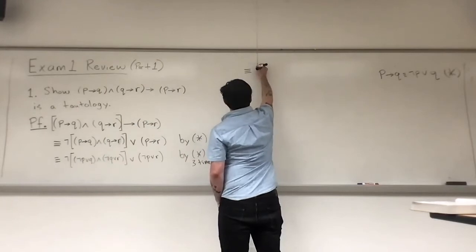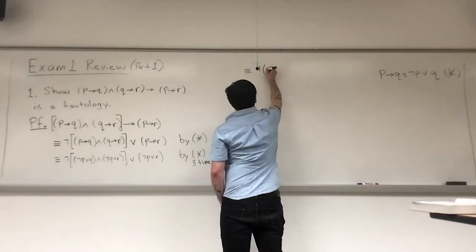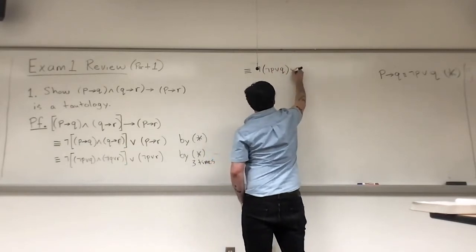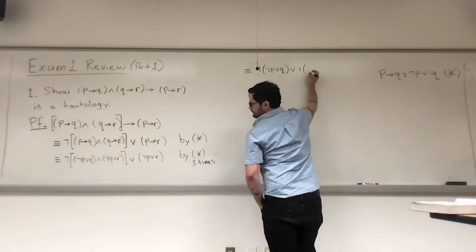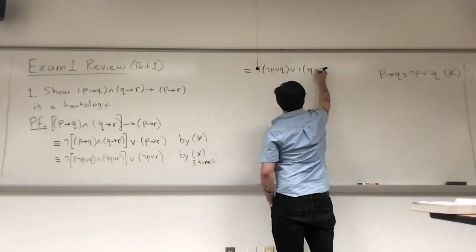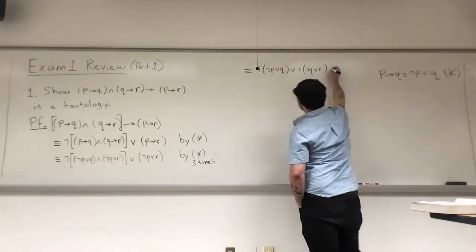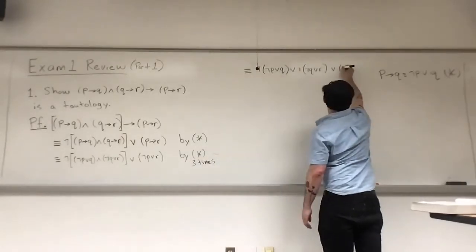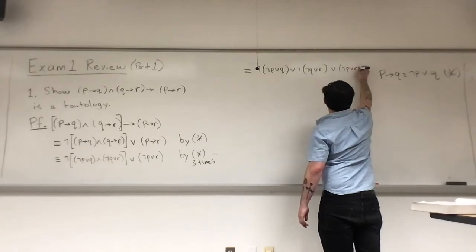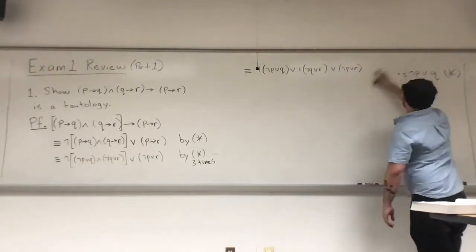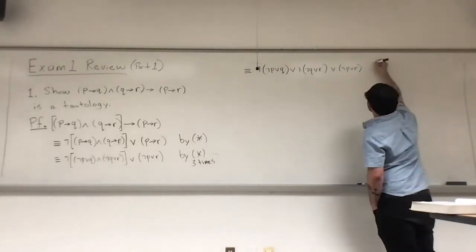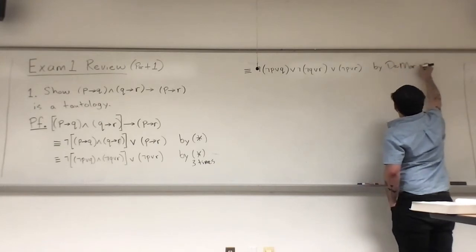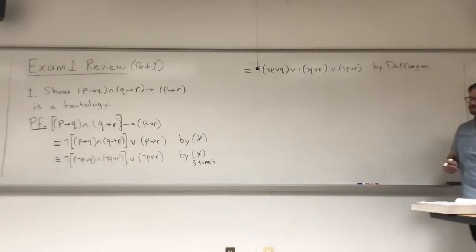So then this will be logically equivalent to not P or Q, or negation of not Q or R, or this part here, not P or R. And this would be by De Morgan. Okay.